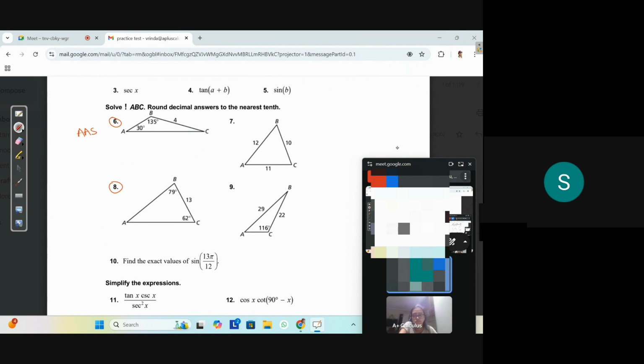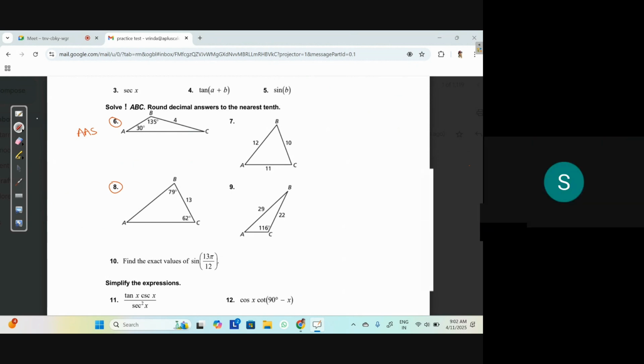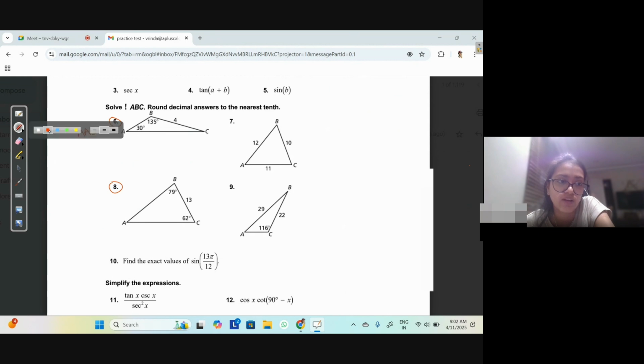Side angle. What is the confusion, Sana? Tell me. Side angle side? Side angle side. Okay. So I'll write side angle side. That means you have 2 sides and 1 angle.